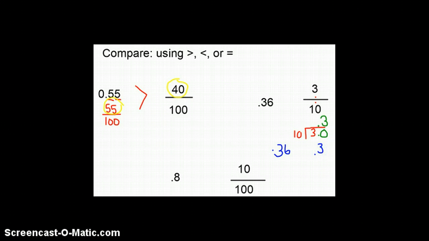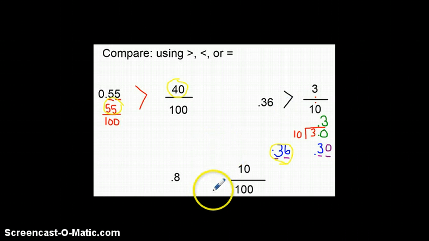Remember that we can add a 0 here just so that we have the same amount of places. So now we're going to look at 36 or 30. Which one's bigger? The 36 is bigger. So we're going to go back to our original. 0.36 is greater than 3 over 10.